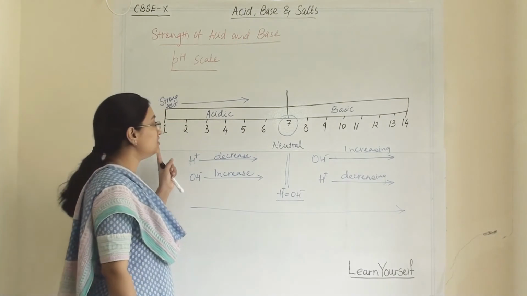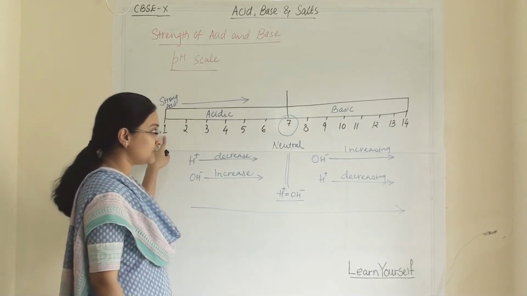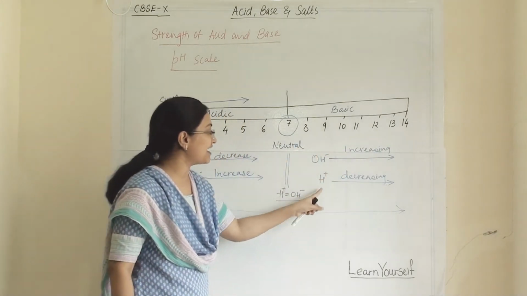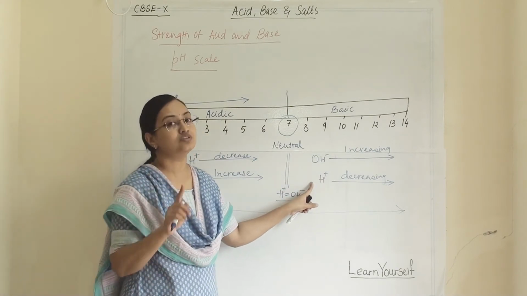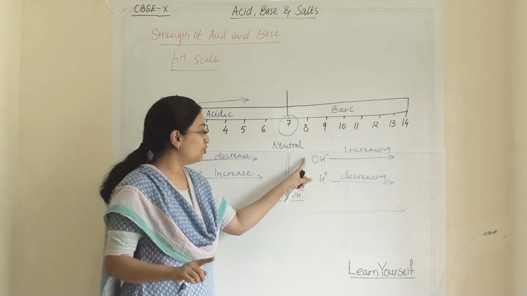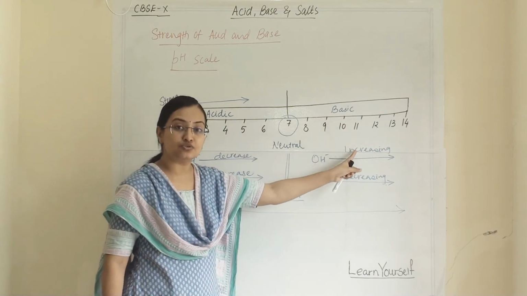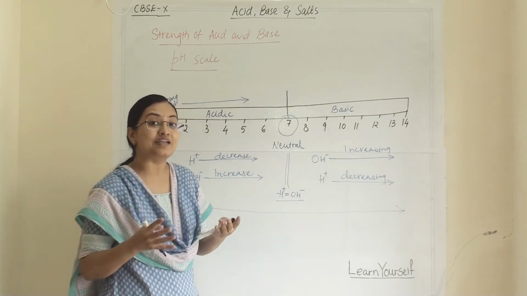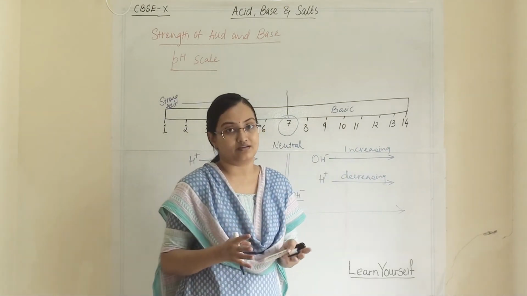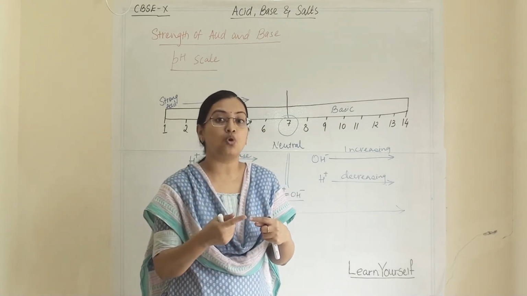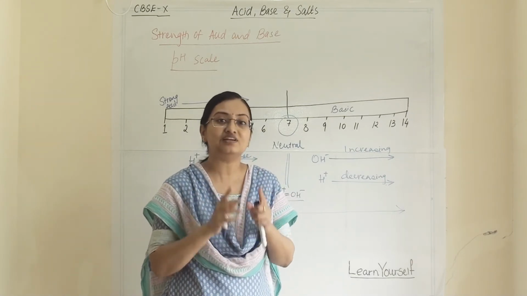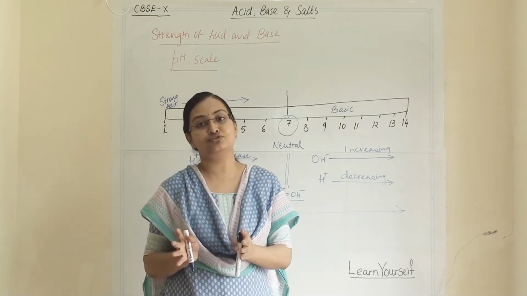So throughout the pH scale from 1 to 14, both ions will be present in the solution, but it depends upon the amount of each ion. Which ion is more, and how much more, will define the nature of the solution.